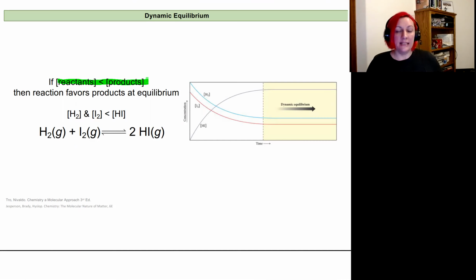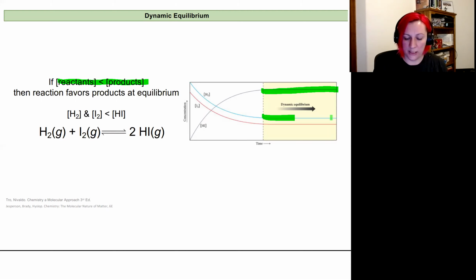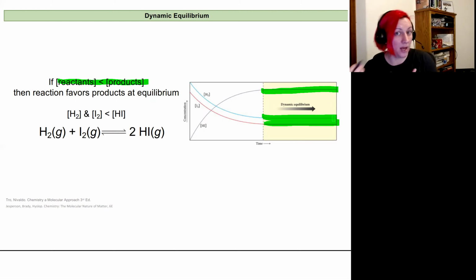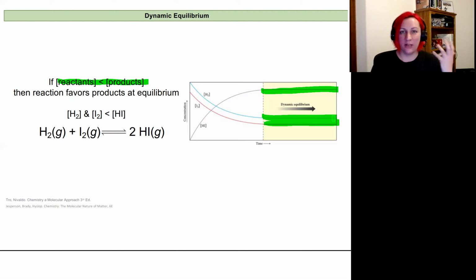And so in this case, when the rate of our reverse reaction and the rate of our forward reaction become equal at dynamic equilibrium, we will have made more of our products and have a higher concentration of that than we have of our reactants. And so if we took a snapshot of this reaction mixture at dynamic equilibrium, we would see a lot more of our hydroiodic acid around than hydrogen and iodine.